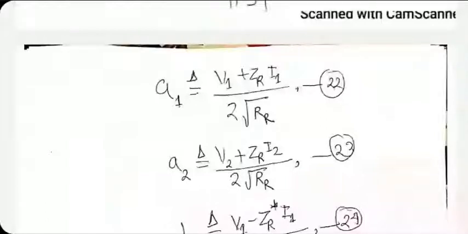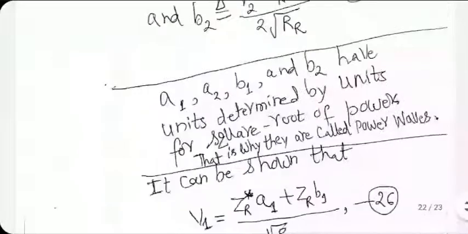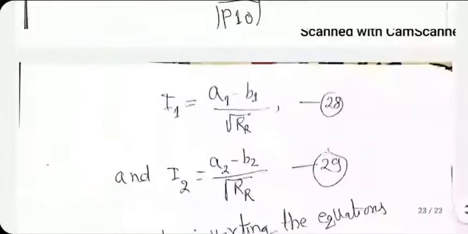I have voltage in the numerator and square root of impedance or square root of ohm in the denominator. You know that voltage square divided by ohm is power. And what you are getting for a1 is actually square root of power. The units are square root of power. And same thing for a2, and the same thing for b1 and b2. a1, a2, b1, b2 are representing square roots of power.